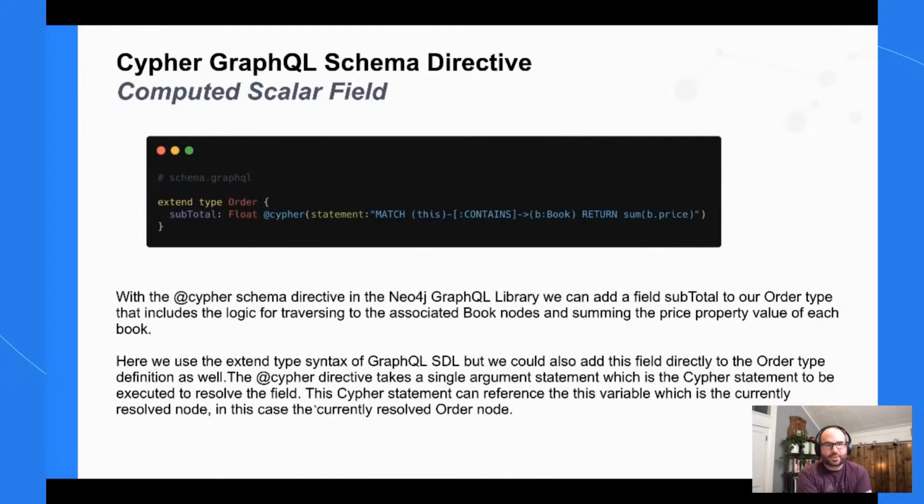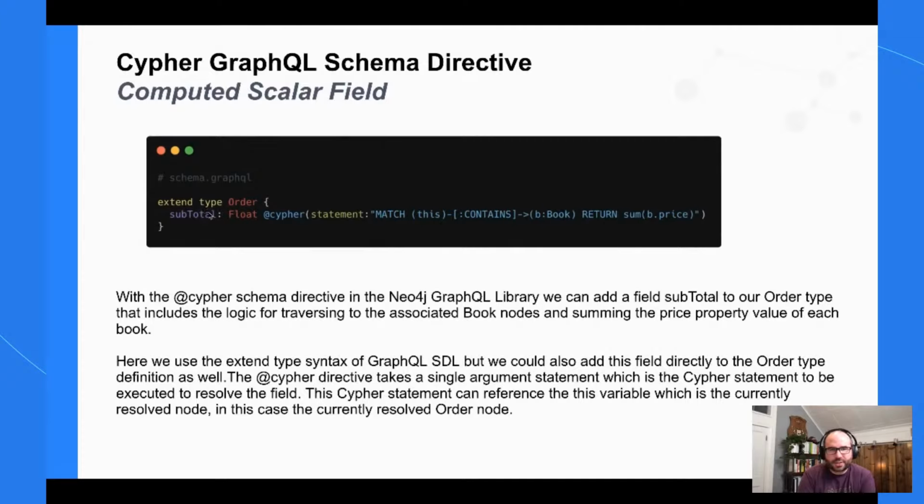So here's an example of using the Cypher directive on a computed scalar field. Here we're extending the order type to add a field. This extend keyword in GraphQL SDL just allows us to add additional fields, extend the type.